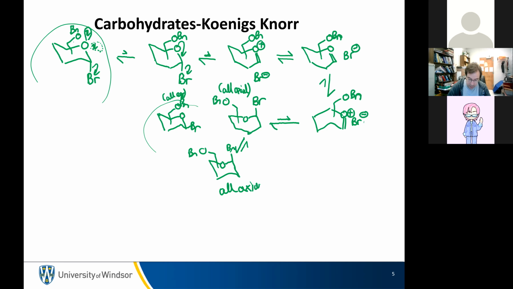All axial here. All equatorial up there. Oxocarbenium going to the boat, boat going to the chair, the wrong chair, because that's the way it unfolds, chair going to right chair. So we have this sequence of events that occur.